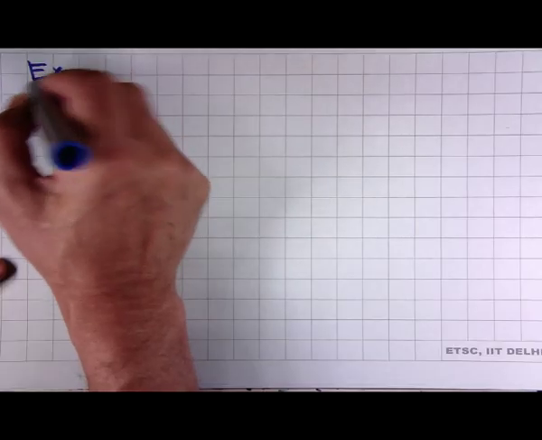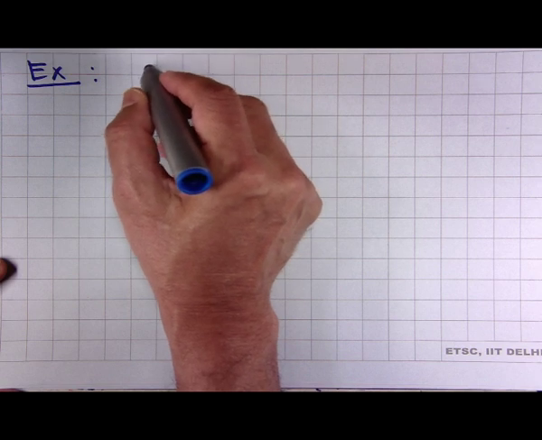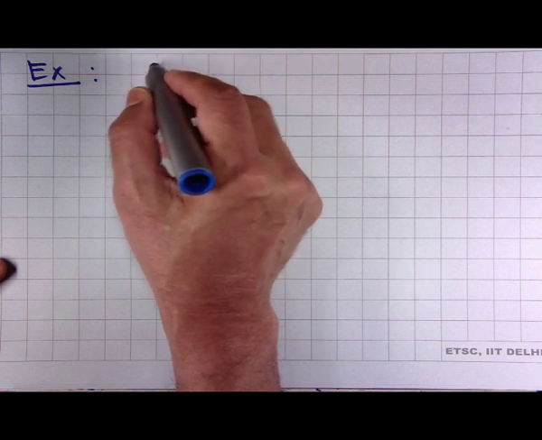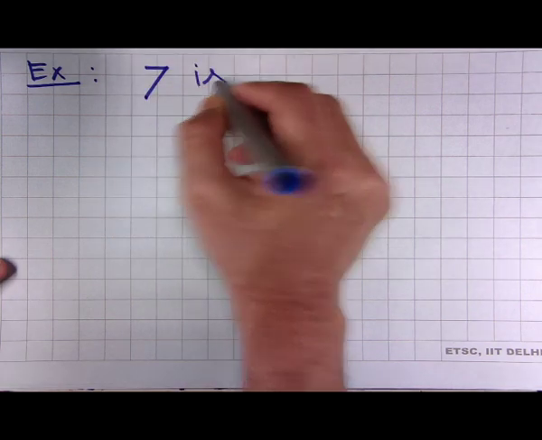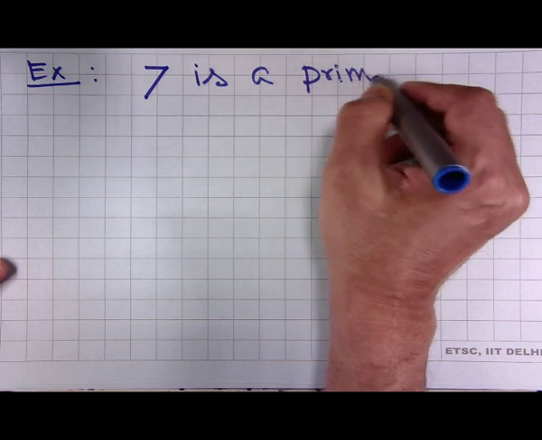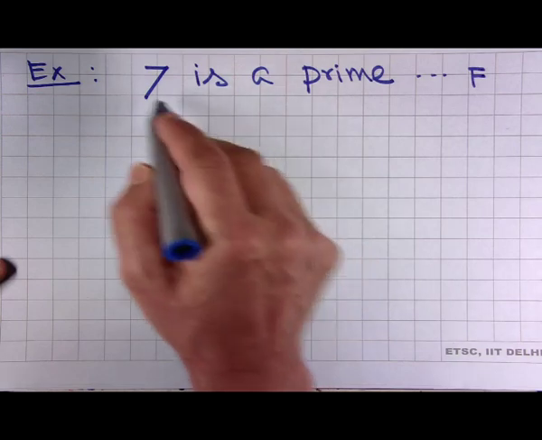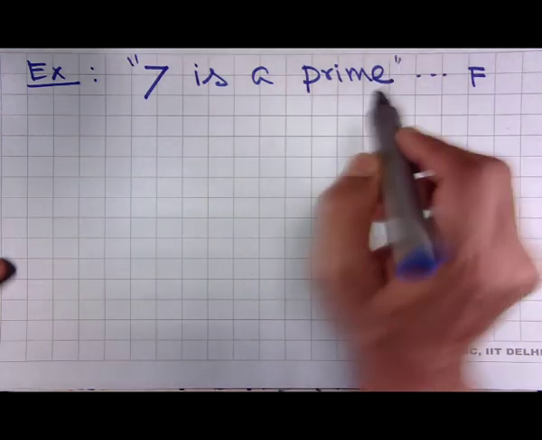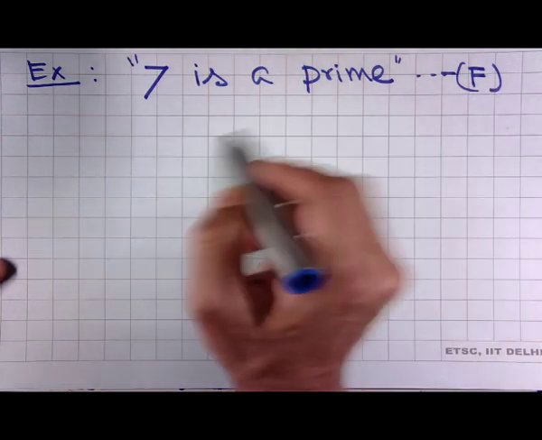Another example, consider this statement: suppose the statement 7 is a prime is associated with the truth value false.